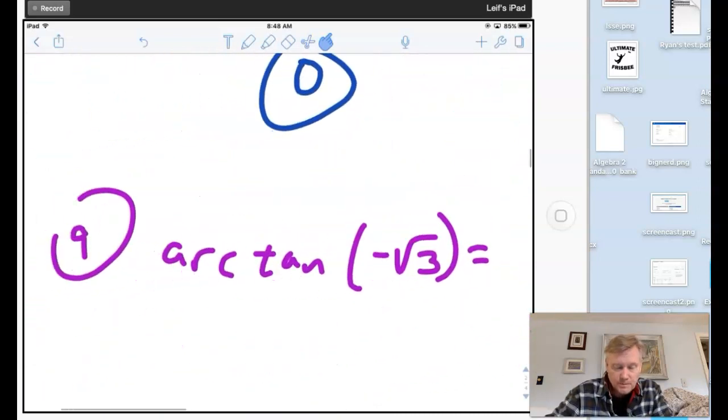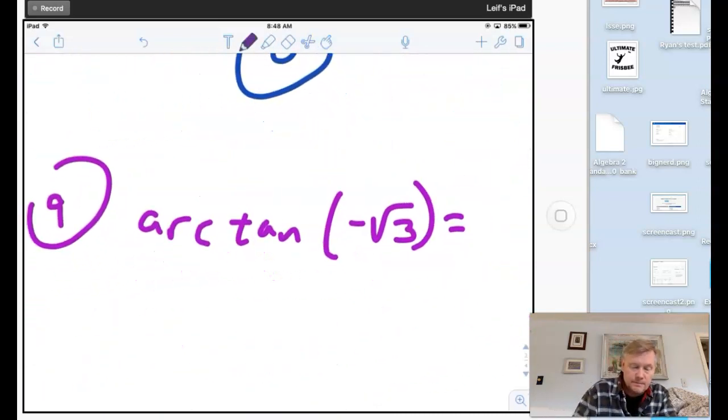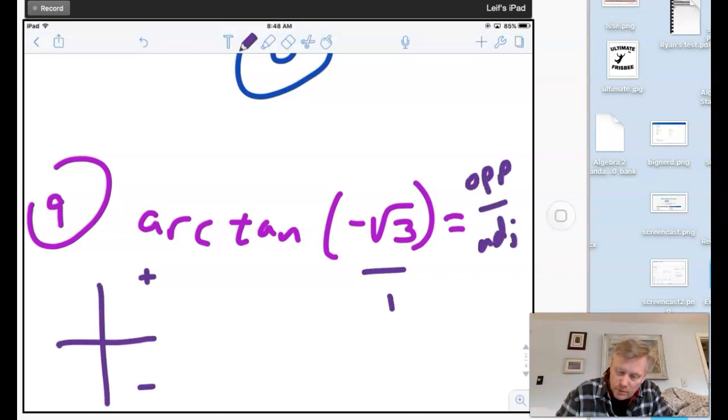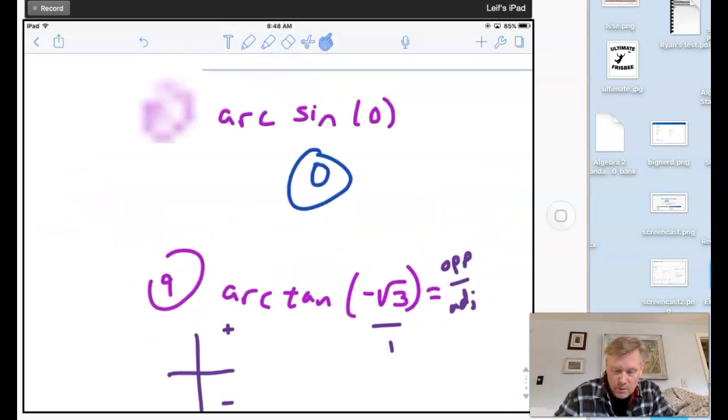All right, next one. Arc tangent. So I know that my tangent's positive here, negative there, so I'm going to be in the fourth quadrant. So I'm going to end up with a negative angle. That'll be my angle. So square root of 3, and you can always put that over 1. So tangent is opposite over adjacent. So I'm looking for which angle is opposite the square root of 3.